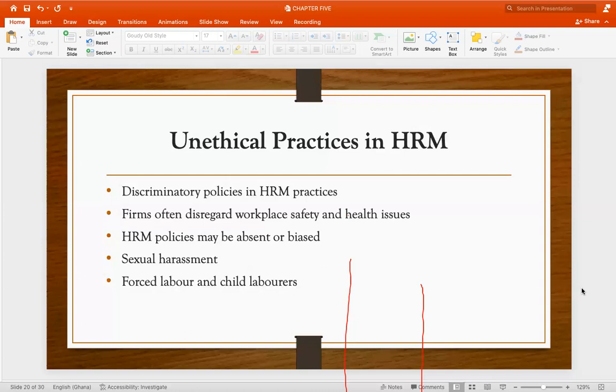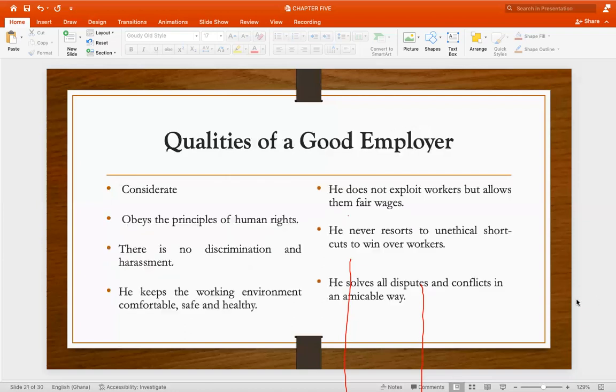The human resource management policies may be absent, or even if they are there, biased. Sexual harassment, forced labor and child labor are all unethical. But these unethical practices come about just because people want to cut corners and want to do things in a way either to get profit or to cut down on their obligations.